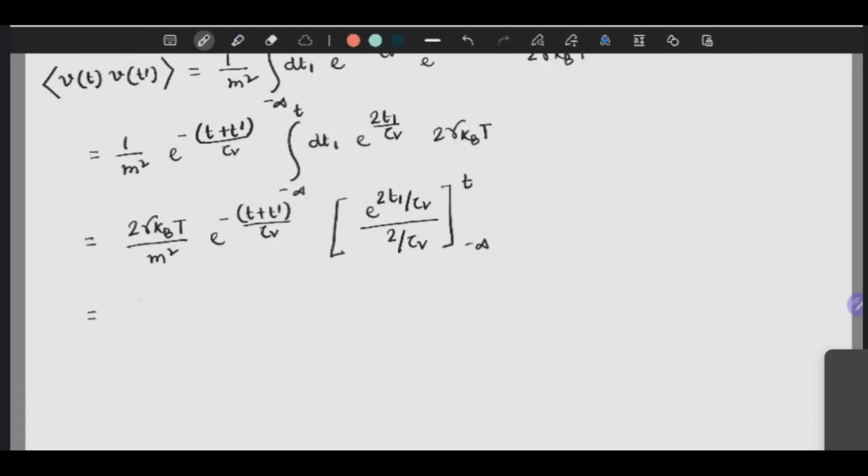So that makes 2 gamma kbt by m squared into tau v by 2 into e to the power minus (t plus t prime) by tau v times e to the power 2t by tau v.